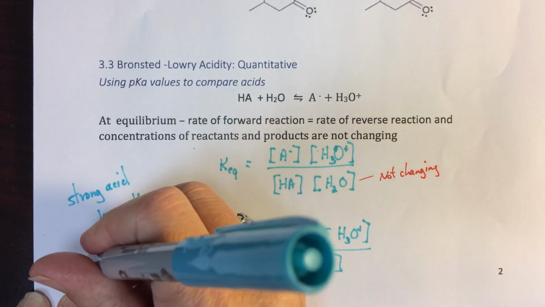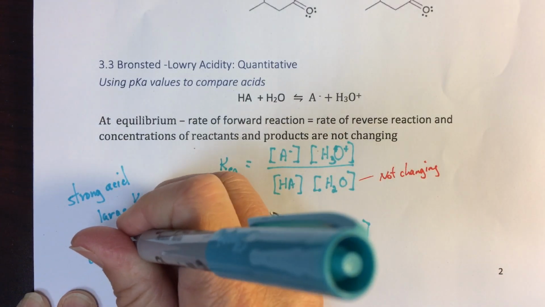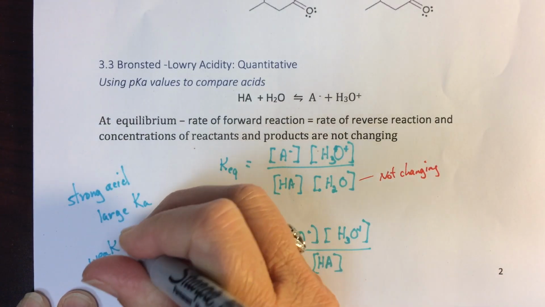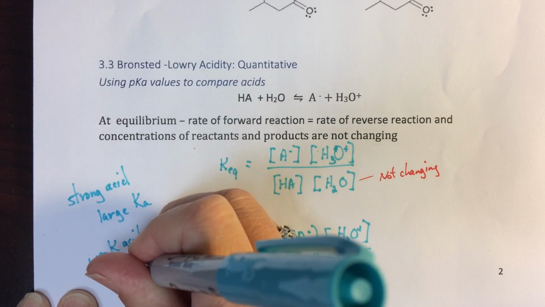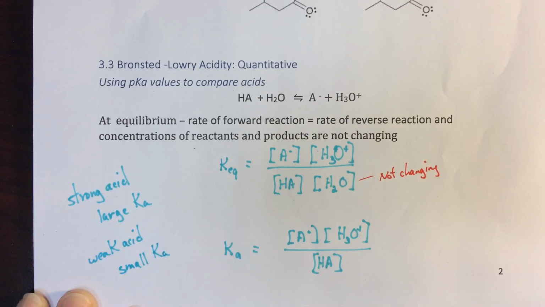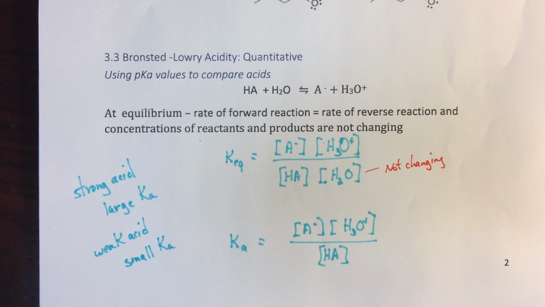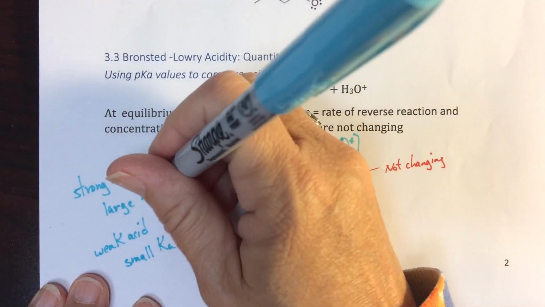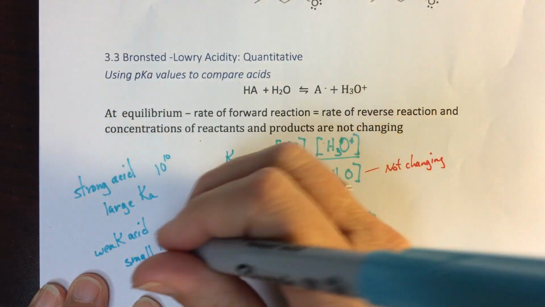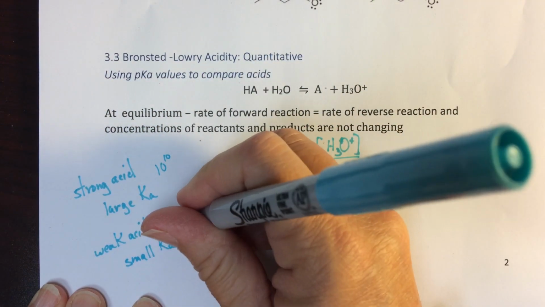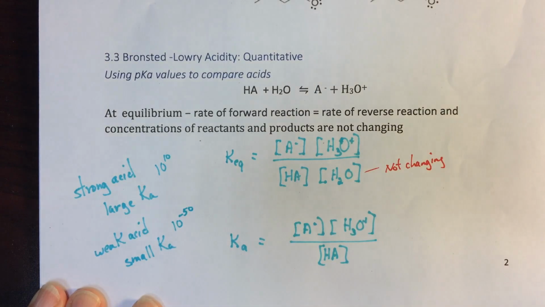And we would expect weak acids to be just the reverse. A weak acid is going to have a small Ka. These numbers are going to vary from 10 to the 10th down to 10 to the minus 50th. And that's a really big range.